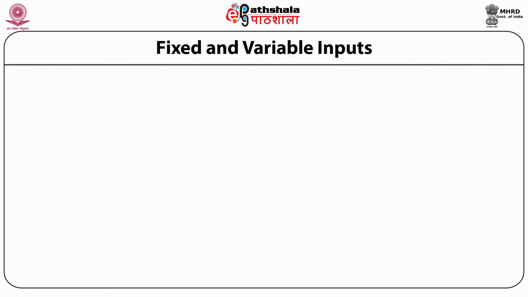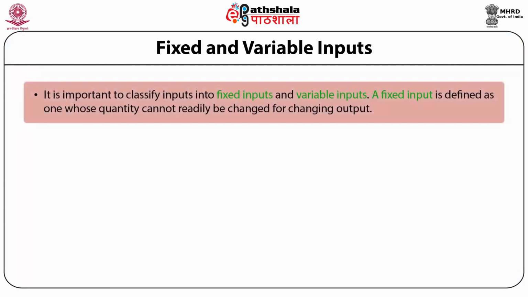Fixed and variable inputs. It is important to classify inputs into fixed inputs and variable inputs. A fixed input is defined as one whose quantity cannot readily be changed for changing output.